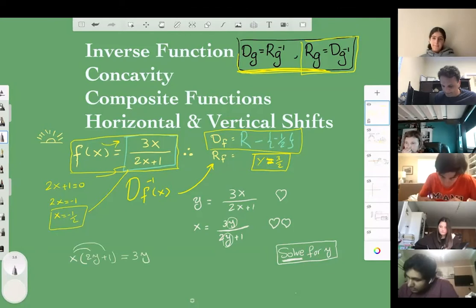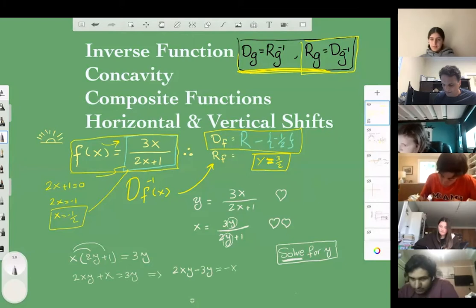We get 2xy plus x equal to 3y. From here, we have 2xy minus 3y equal to negative x. I moved 3y over here by subtracting from both sides. I moved x over there by subtracting x.